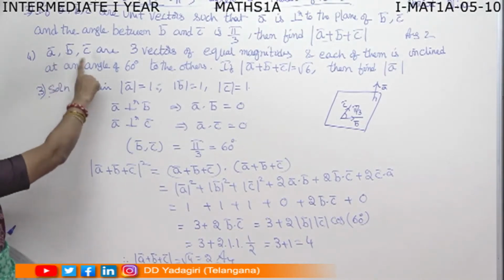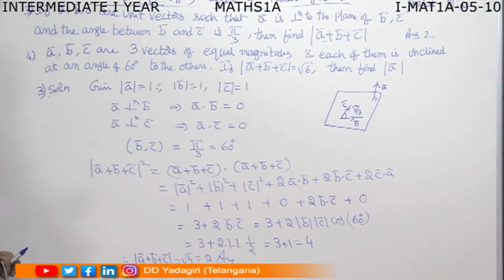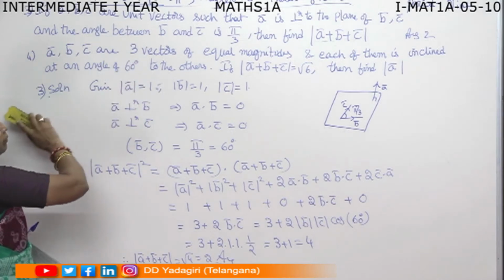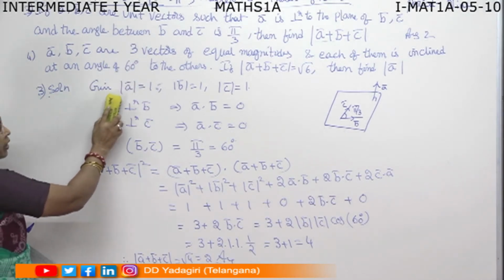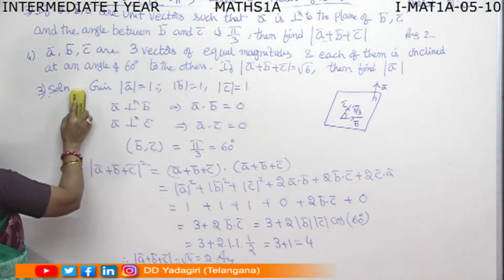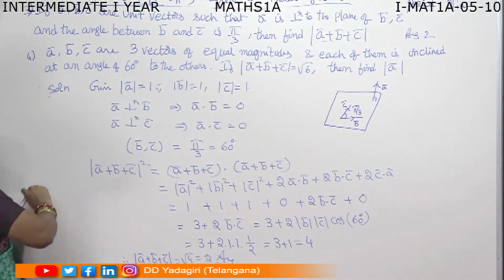Now the next problem: A, B, C are three vectors of equal magnitude. So that means mod A is equal to mod B is equal to mod C is equal to some value, some letter we'll take.